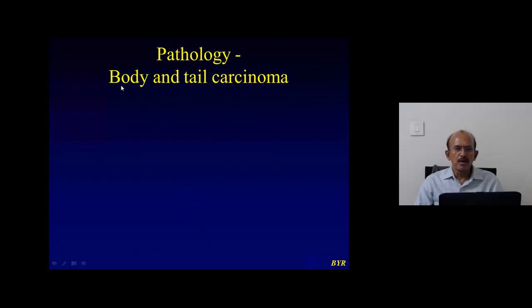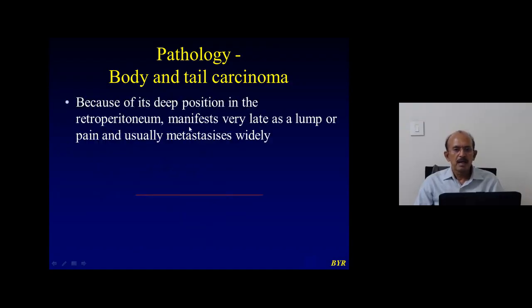Then tumors of the body and tail of the pancreas, because of their deep position in the retroperitoneum, the patient manifests very late as a lump or pain in the back and usually has widespread metastases by the time the patient presents to you.